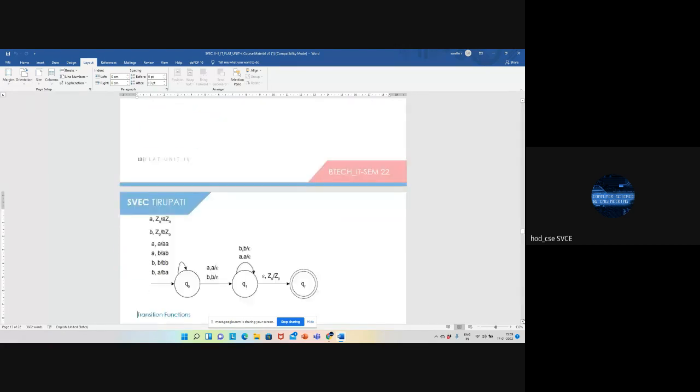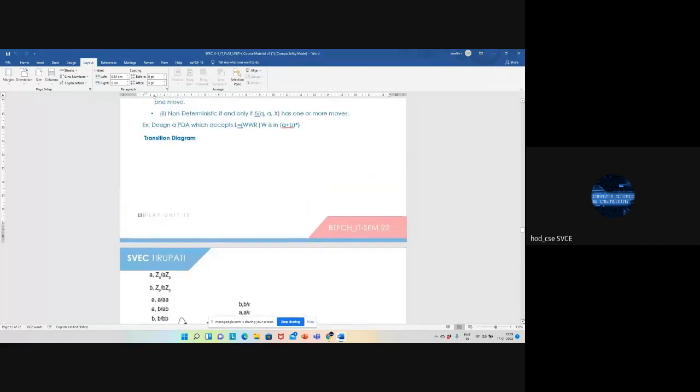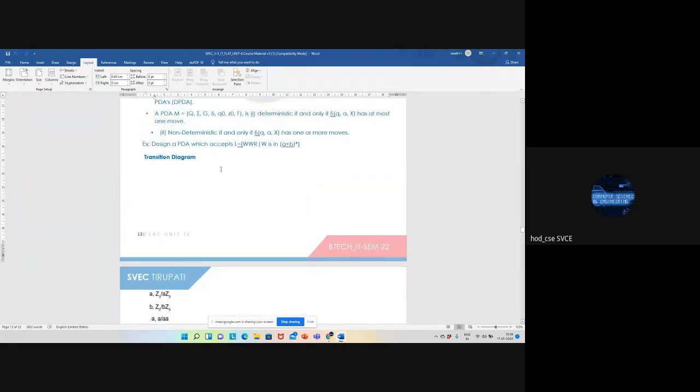Now we'll see one example: designing a PDA for the language W W^R. Here W represents the string, and W^R means the string in reverse order, such that W belongs to sigma equal to (A plus B) whole star, which means it may consist of a combination of A's and B's.